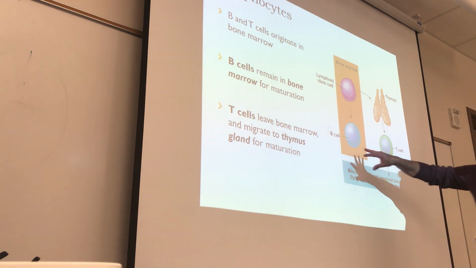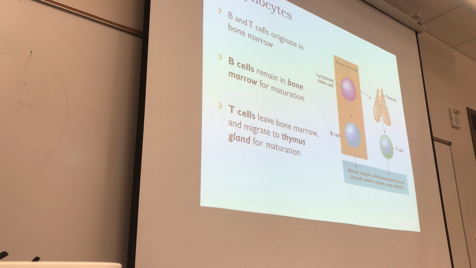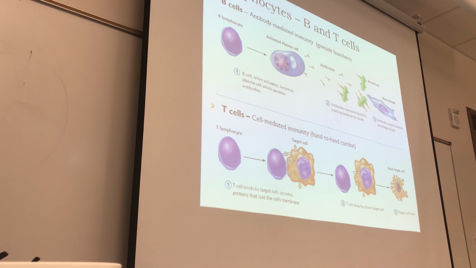The T cells migrate to the thymus, where they will mature, and then they'll exit. I slightly mentioned that before, but once you become an adult, especially past age 40, 45, there's no real significance for the thymus to still be around. You have tons and tons of armies, so it kind of just atrophies a bit.